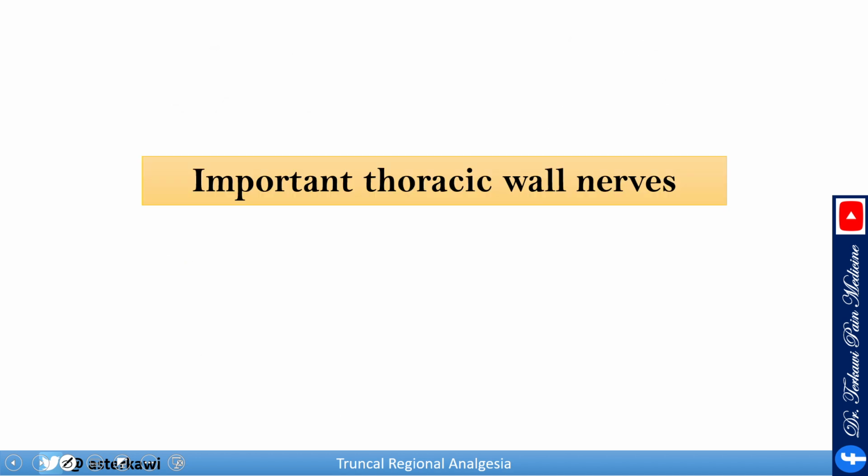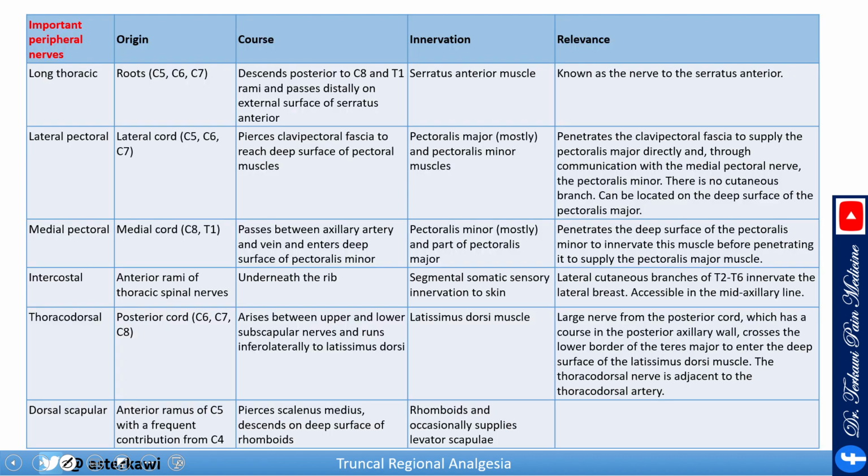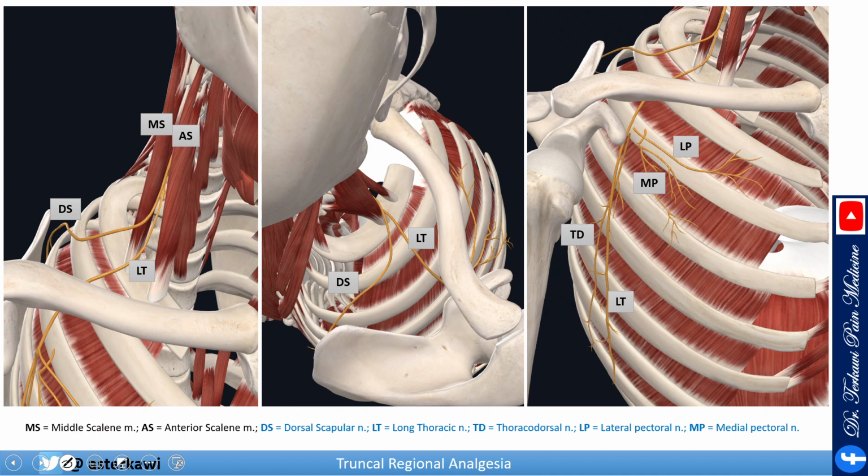Okay, let's talk about some important thoracic wall nerves. Again, this is a summary table just for your reference, but here I would like you to focus on a few nerves. The first one I would like to start with is the long thoracic nerve, the LT. So the long thoracic originates from the roots of the brachial plexus, specifically C5, 6, and 7.